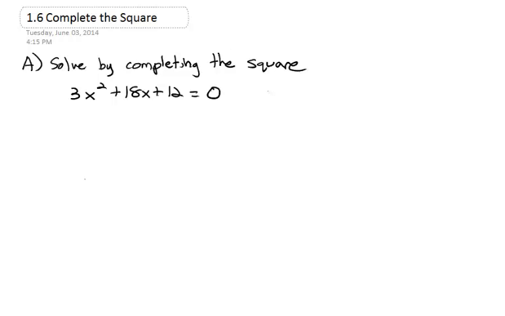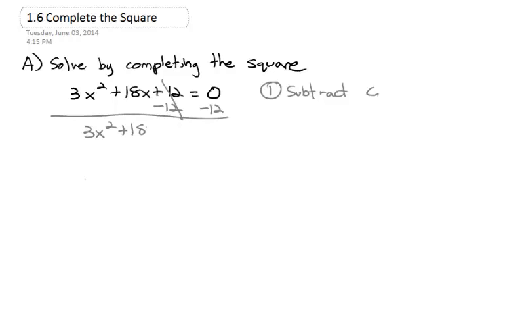And the first thing we did in these problems was we subtracted c, or that third term, from both sides. And so when we subtracted that 12, that left us with 3x squared plus 18x equals negative 12.